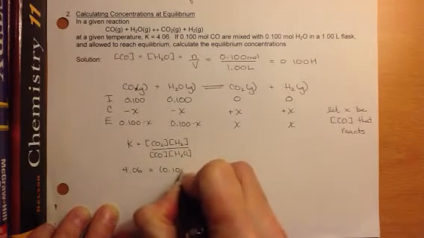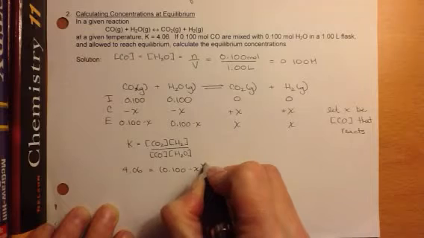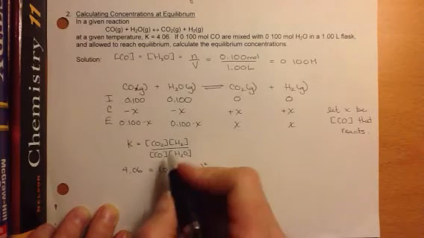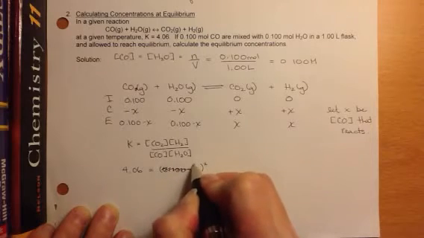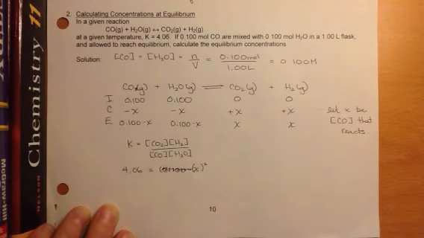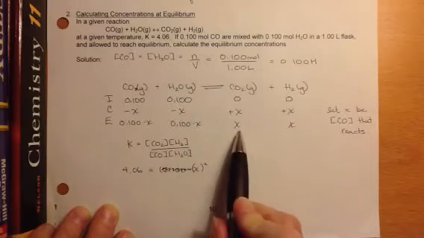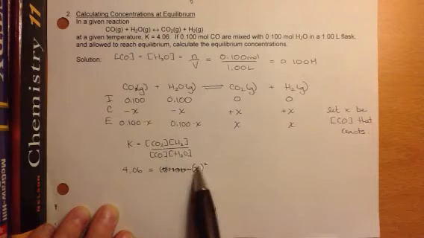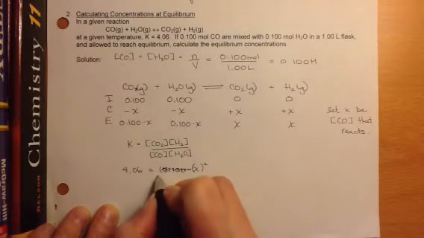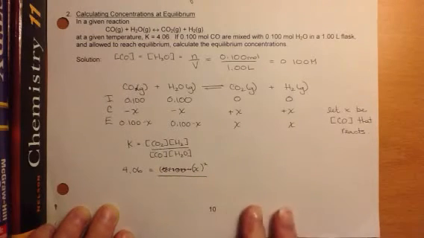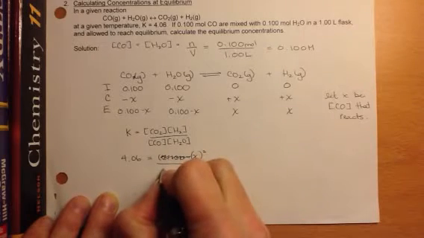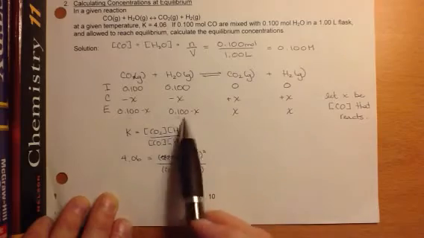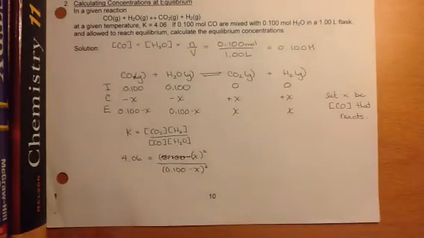Excuse me, ladies and gentlemen, I should be putting my products on top. So we're going to have X squared, because we have X amount of the carbon dioxide and X amount of the hydrogen. If we multiply them by each other, that's the same as X squared. Our reactants are going to be 0.100 minus X, and because there are two of them, that's the same as squaring it.